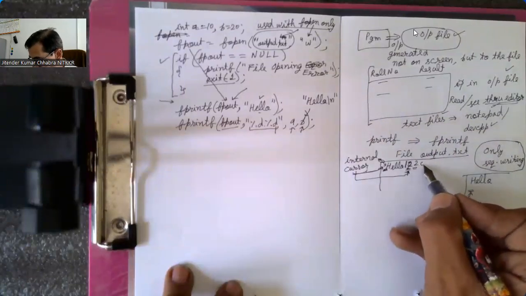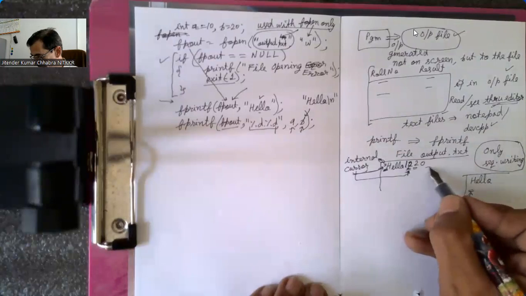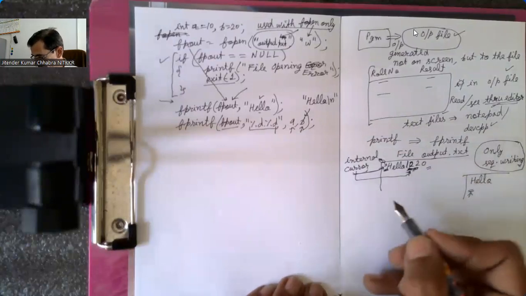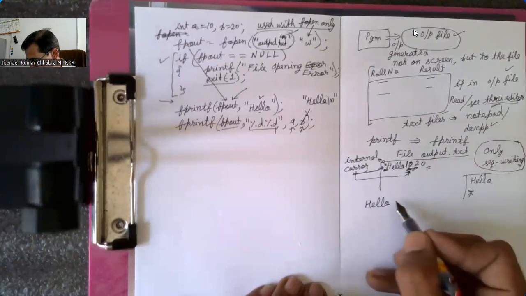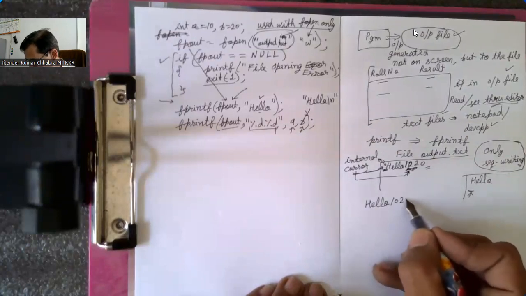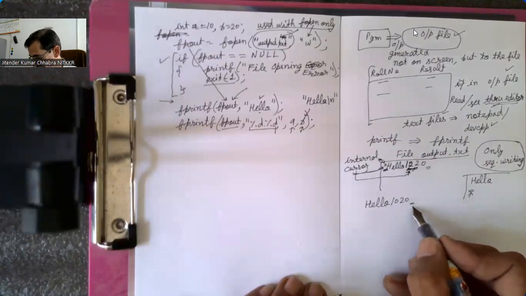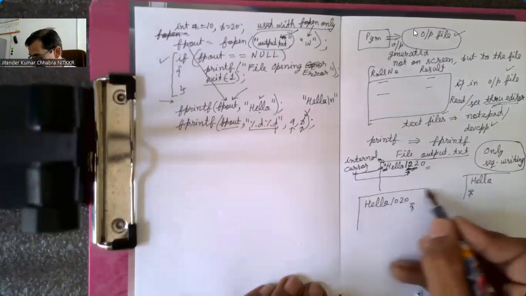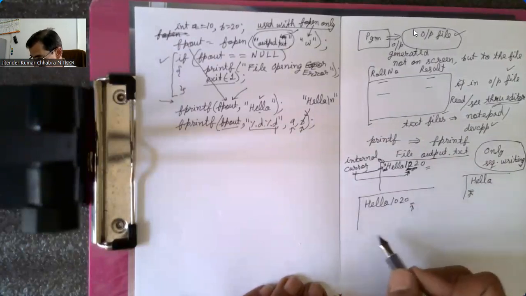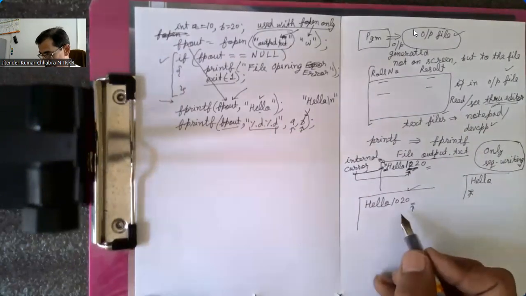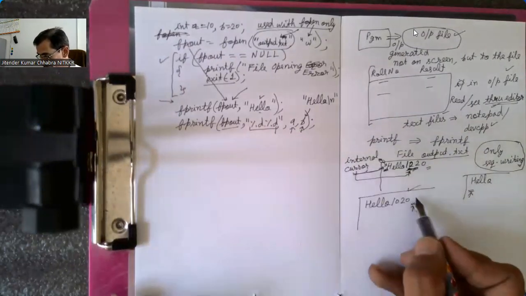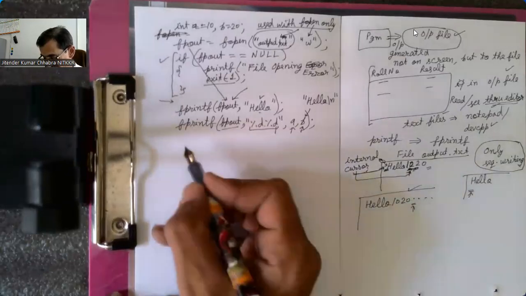Immediately 20 will be written and the cursor comes here. So effectively what you have got now is hello 1020 and the cursor here. This is your file being created for the time being, not fully ready till we close it. The cursor is here. If I write something more, it will write sequentially here.